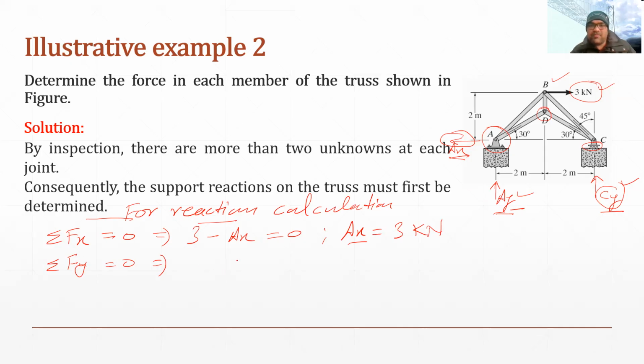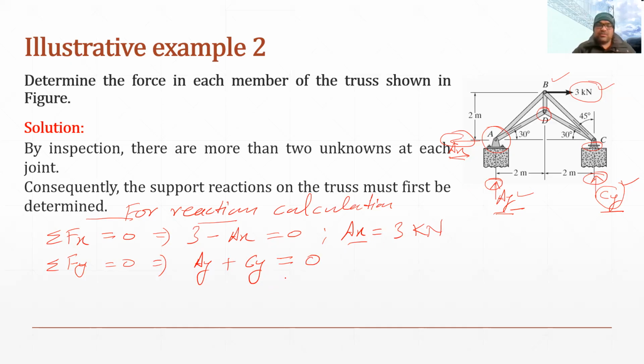I have assumed that AY is upward and CY is also upward, so both are positive. So I'm writing AY plus CY, and there is no other vertical force, so I'm equating it to 0.